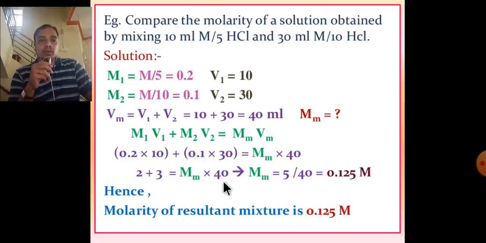Then mm is equal to 5 upon 40, so the molarity of the mixed solution is 0.125 molar. Hence the molarity of the resultant mixture is 0.125 molar.